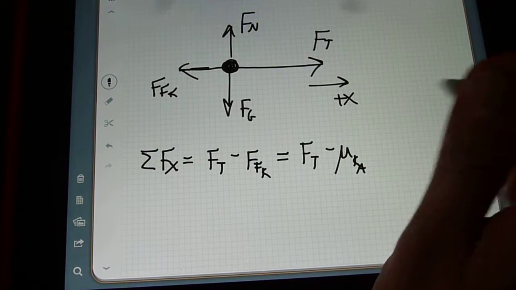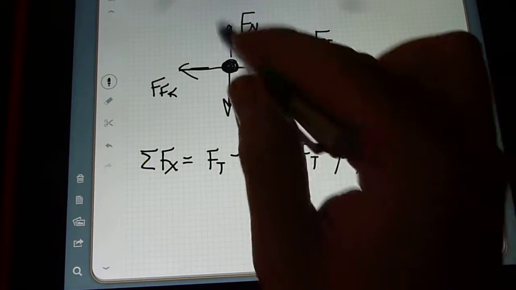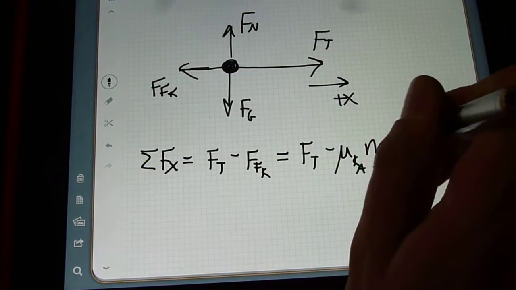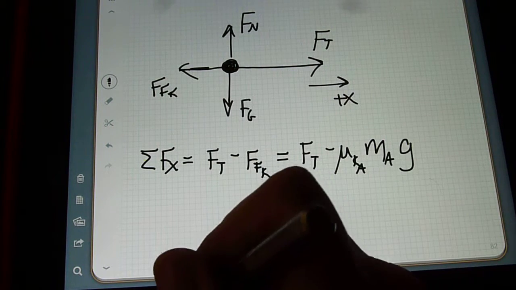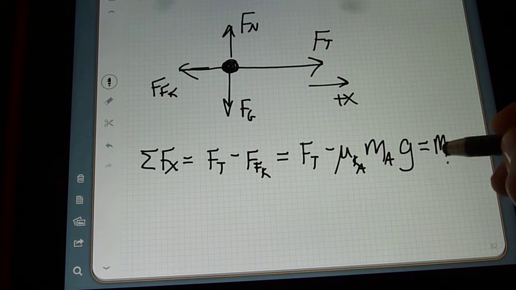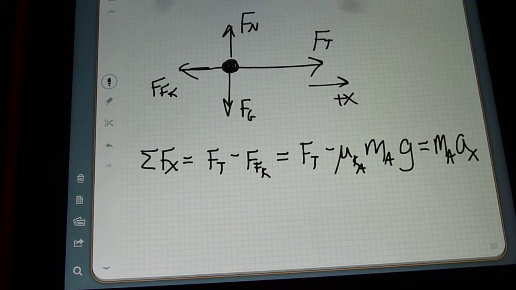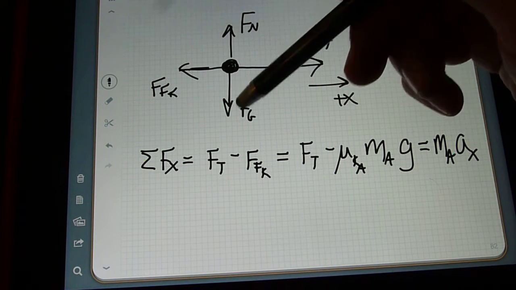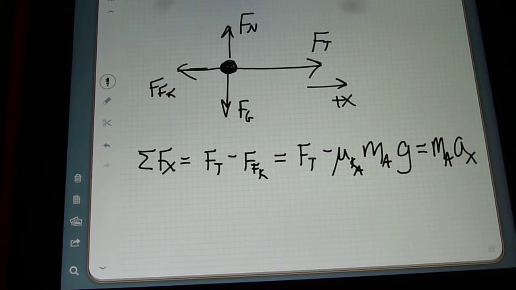I know my normal force is just going to be m_A g because I'm on a flat surface, so that equals my mass of block A times my acceleration in the x direction. Again, in the y direction, my sum of forces is going to be F_N minus F_g. We've seen that so much I'm not even going to include that.